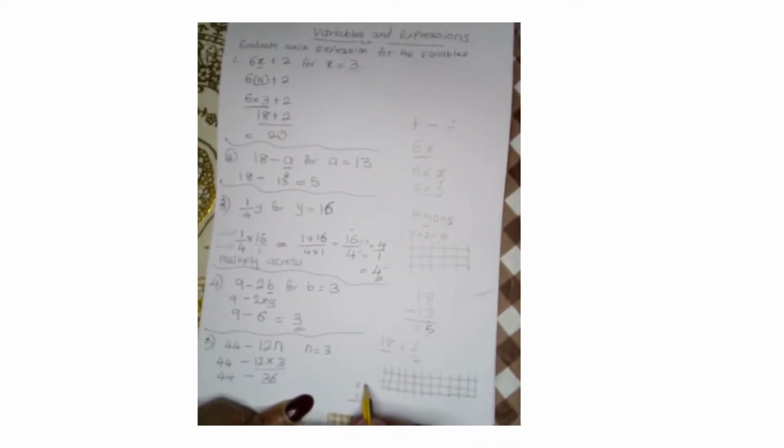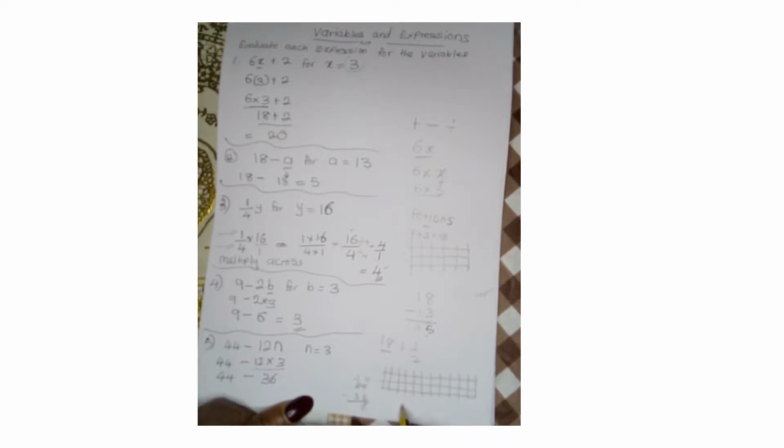See, 4 is smaller than 6, so we have to borrow. When you borrow from here, this will become 3, and you put it here, it becomes tens, making it 14. 14 minus 6. 14 minus 6 is what? 8.